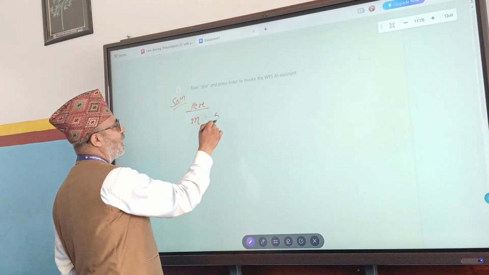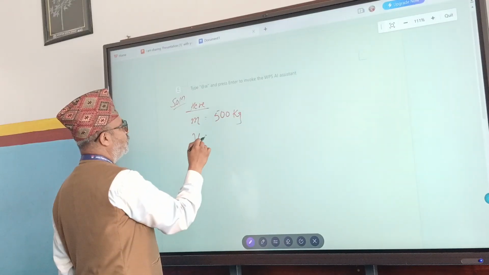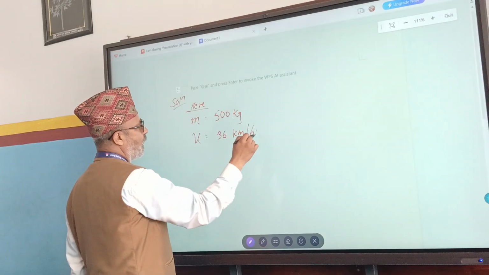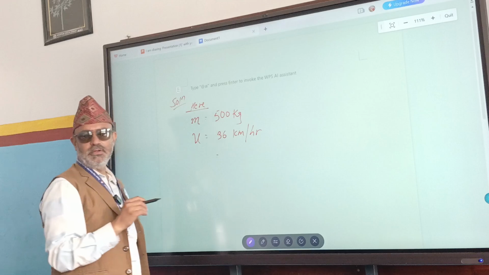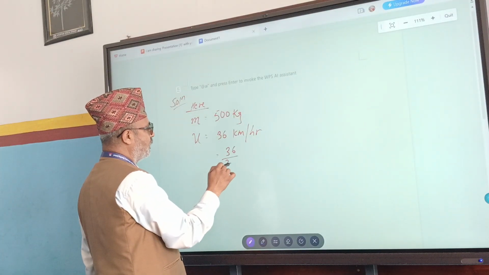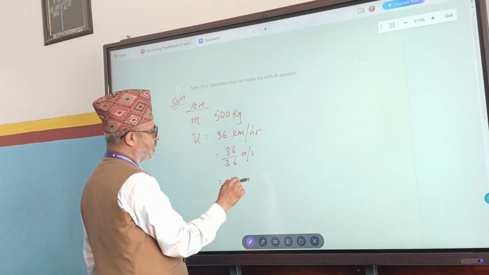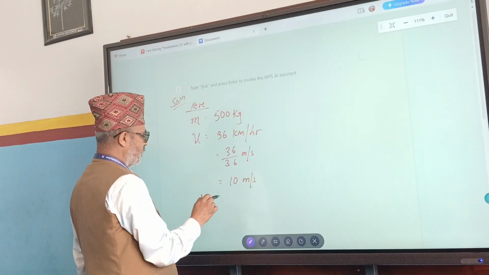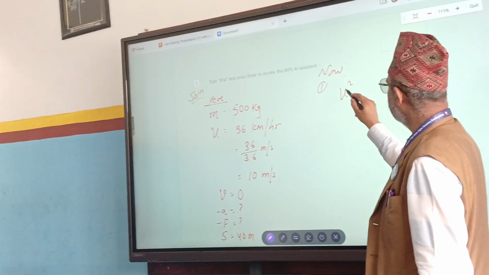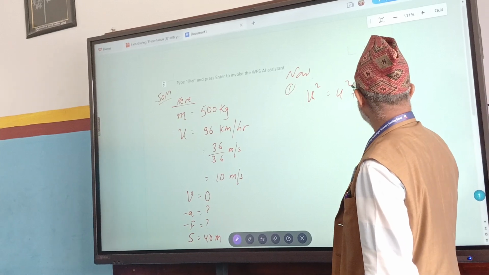M equals to 500 kg. U equals to 36 kilometer per hour. How to convert 36 kilometer per hour into meter per second? 36 divided by 3.6 meter per second, 10 meter per second. V equals to 0. Minus A equals, you might have used the formula V square equals to U square plus 2AS.